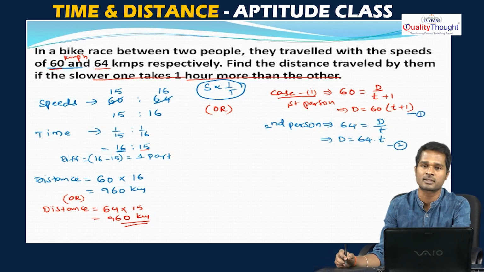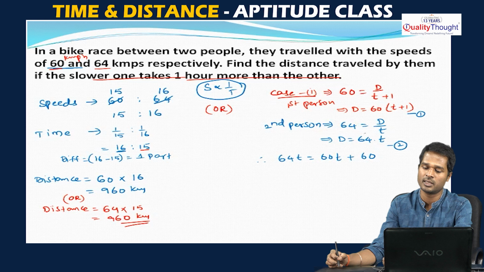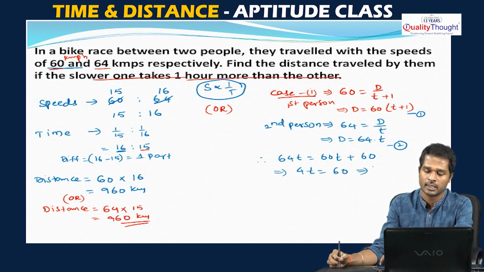Both denote the same distance. From the two equations, 64t is equal to 60t plus 60. 64t minus 60t is 4t, which is equal to 60. So t is equal to 15 hours.